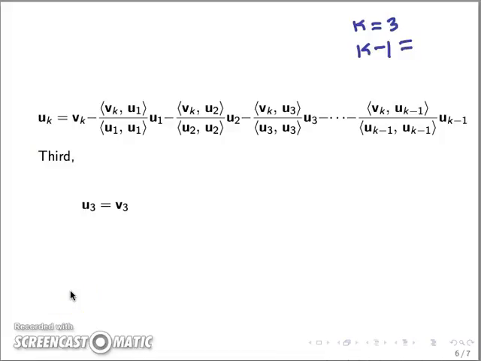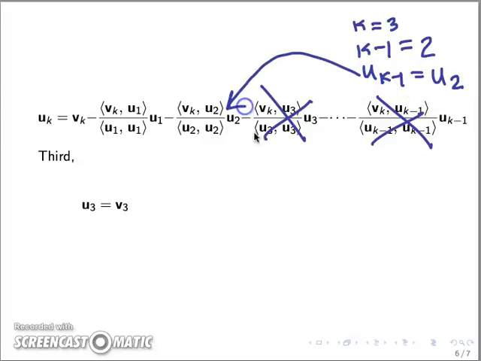So the formula of Gram-Schmidt has this general form. We are right now at a value of k equals 3, which means that k minus 1 is 2. Okay, so that gives us an indication at which term of this whole expression we are going to stop, right? So precisely the last term, here u sub k minus 1 would be u sub 2, and that means that this is the last term in that expression.